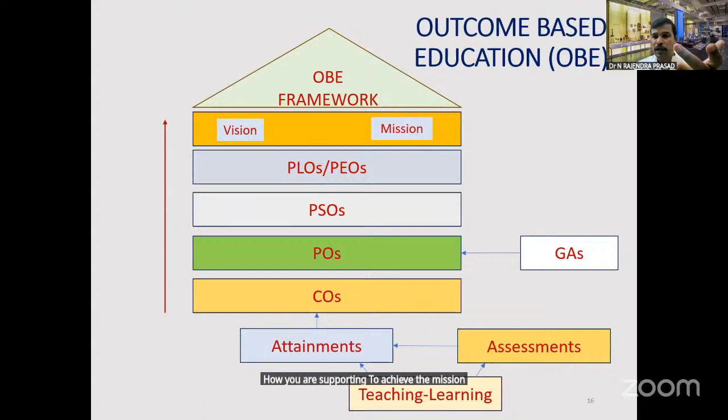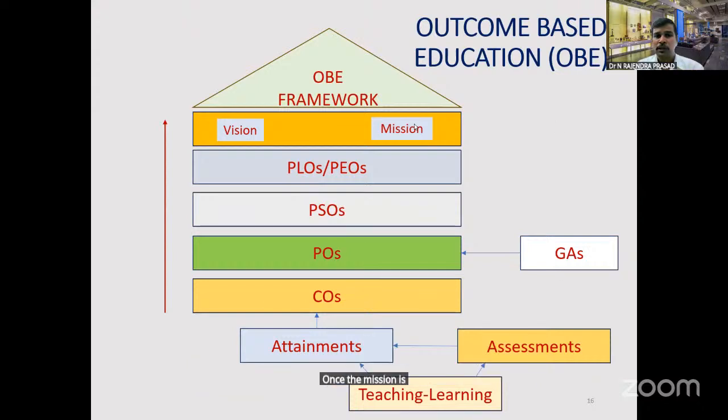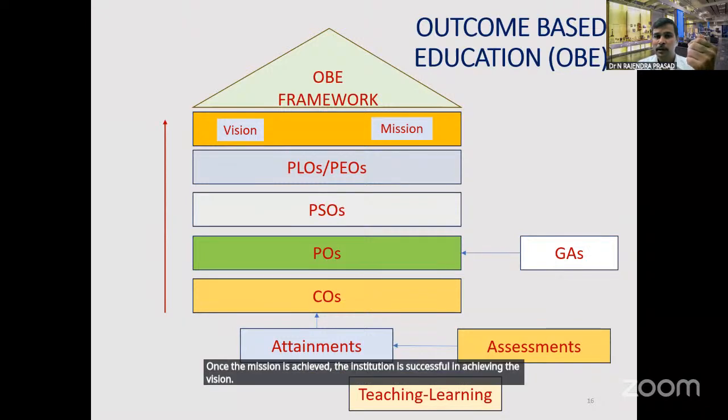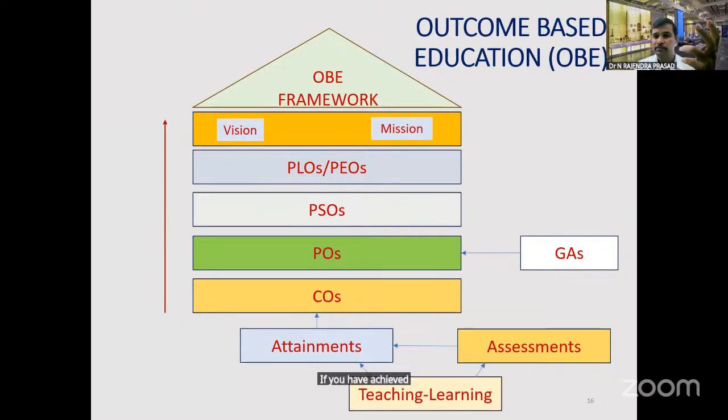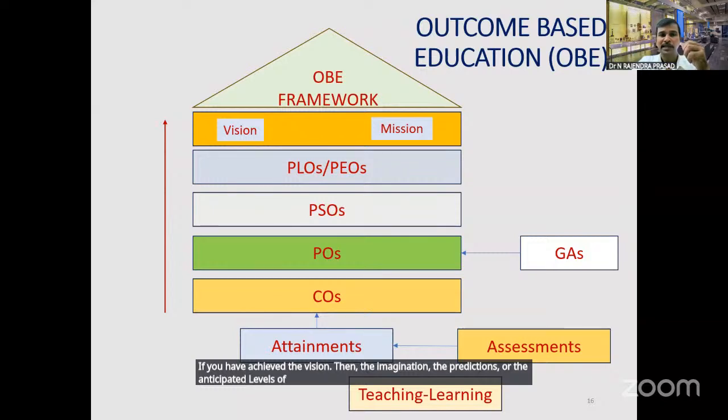Each and every institution will have its own mission. Once the mission is achieved, the institution is successful in achieving the vision. If you have achieved the vision, then the imagination, the predictions, or the anticipated levels of achievement by the institute are reached, and the institution will become successful.